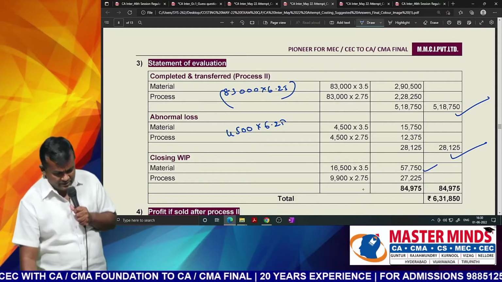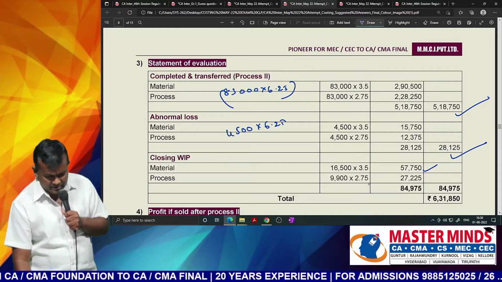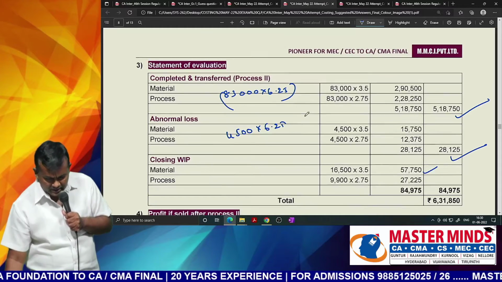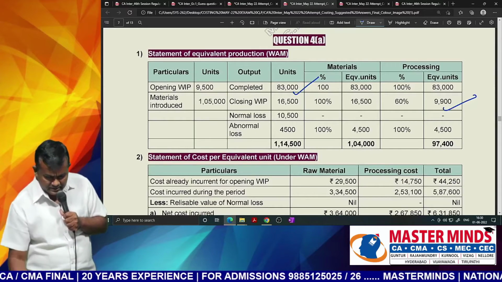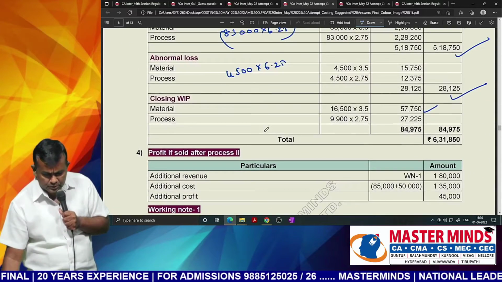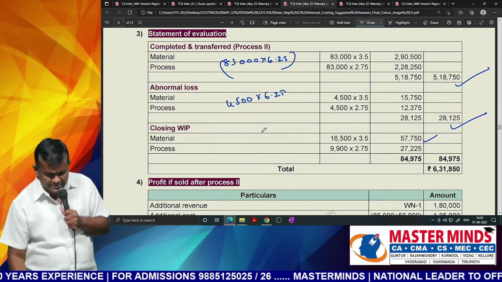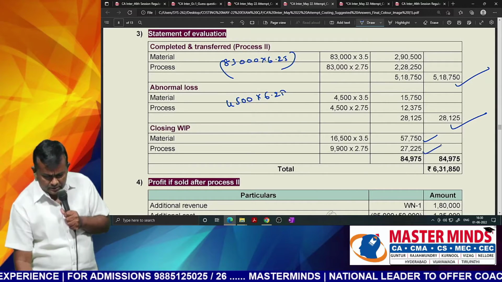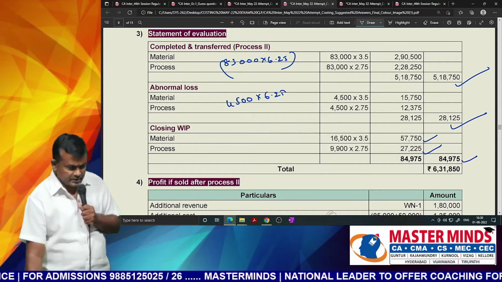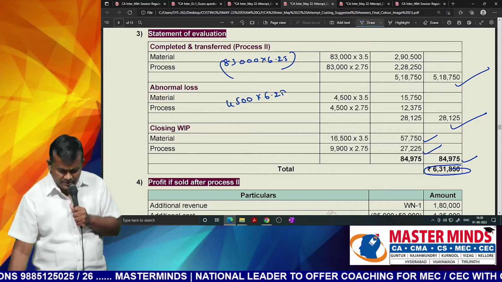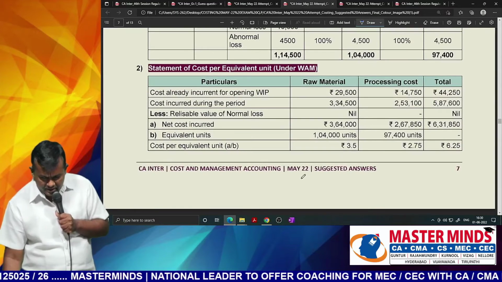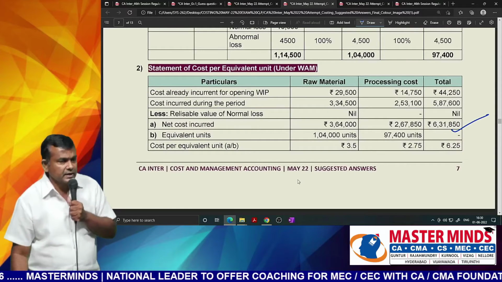Next, conversion cost segment: 9,900 into 2.75. Finally 84,009. So here total cost incurred is 6,31,850. Clear?